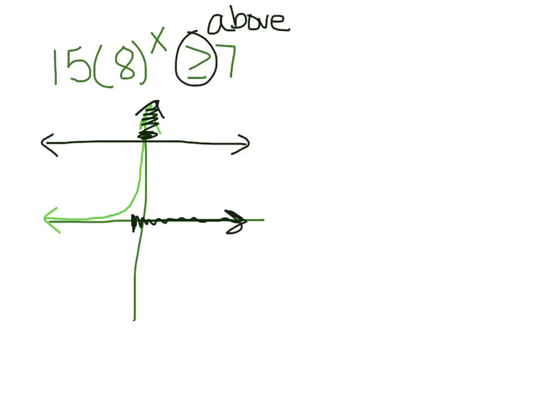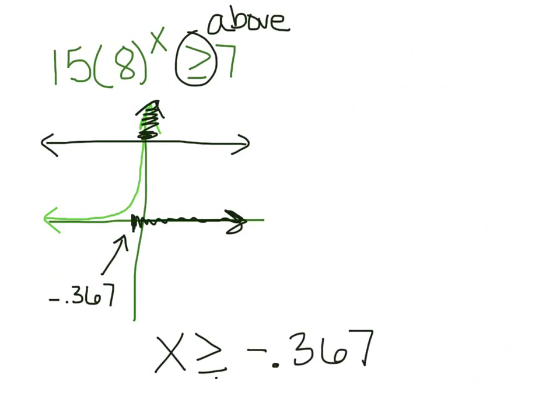So then you can do second calc intersect to get that answer, and that answer is negative 0.367. So it's all the x's that are greater than or equal to negative 0.367. Greater than or equal to because that's what we had in the original problem.